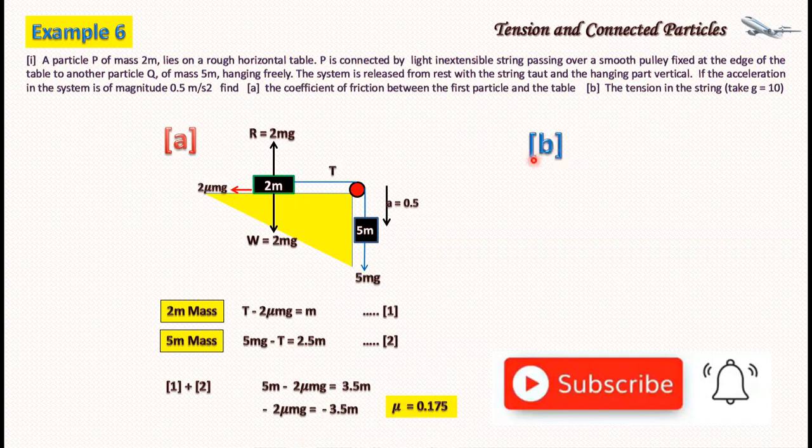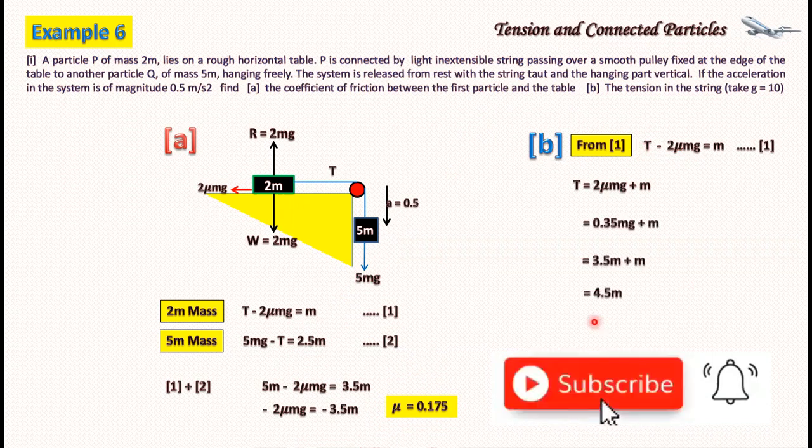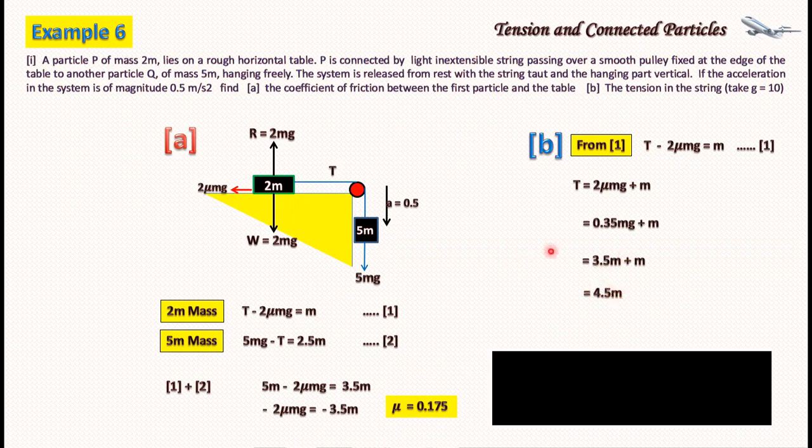For the tension, we look at the first equation and substitute this value of mu, and we will have the tension in the string equal to 4.5m.